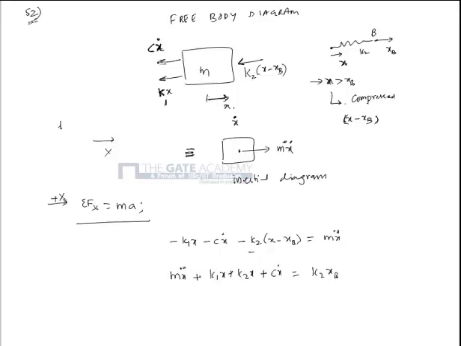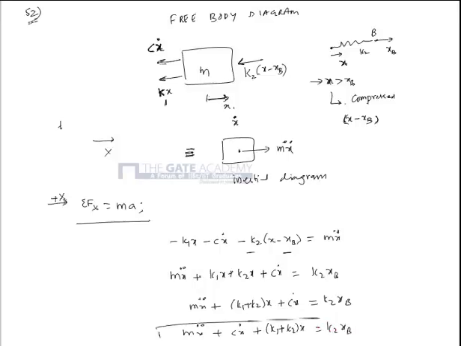So m x double dot plus c x dot plus K1 plus K2 into x is equal to K2xb. This is my equation of motion, so the option for this is B.